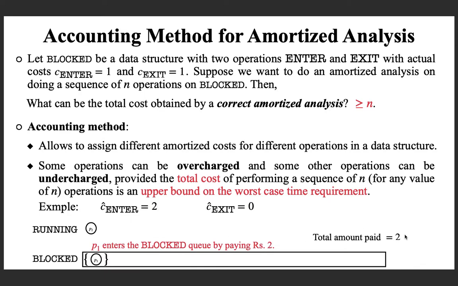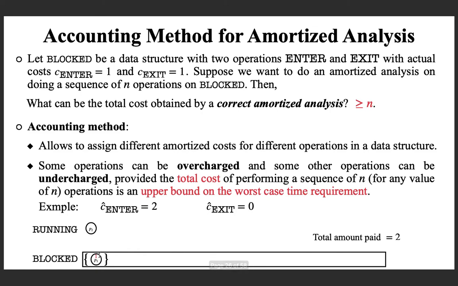So you have paid as of now a total of 2 rupees, and P1 is waiting. P1 is actually holding a credit of 1 rupee with it, because the actual cost is only 1. This process has paid 2 rupees, so 1 rupee is extra.